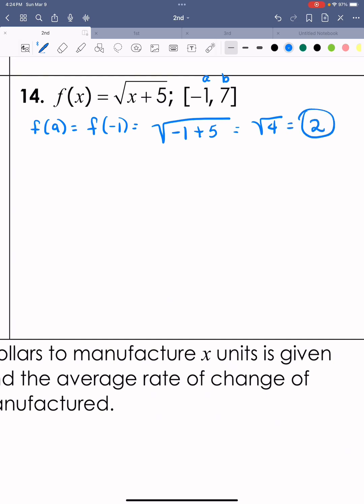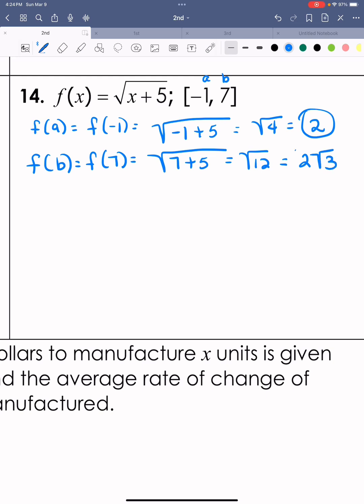Then we're going to find f of B, that means f of 7. So I'm going to put the square root of 7 plus 5, which is the square root of 12. And you should remember that that will simplify out to be 2 square root of 3.